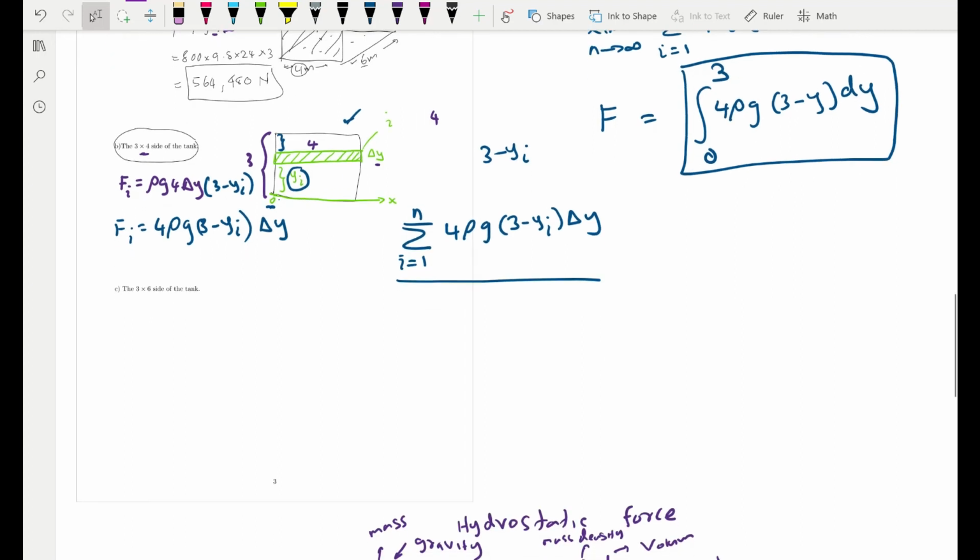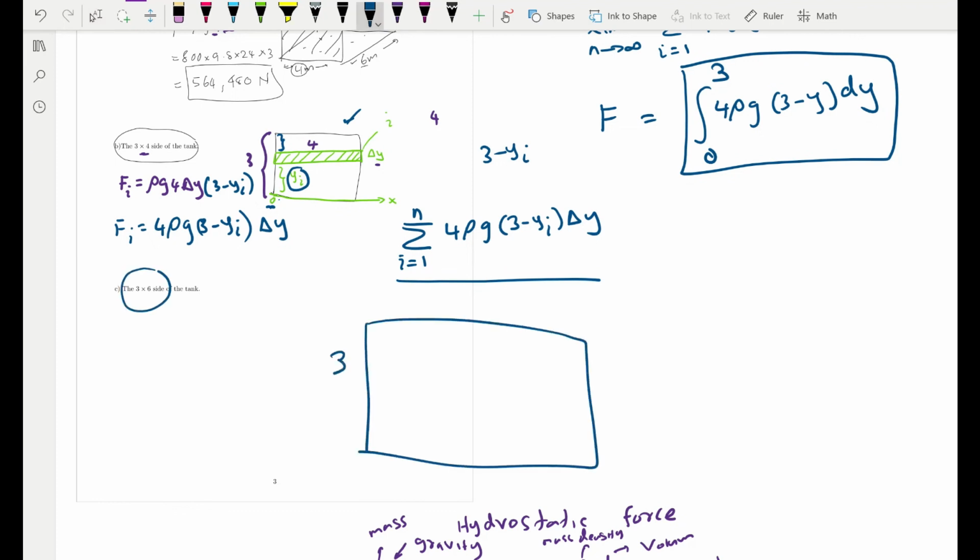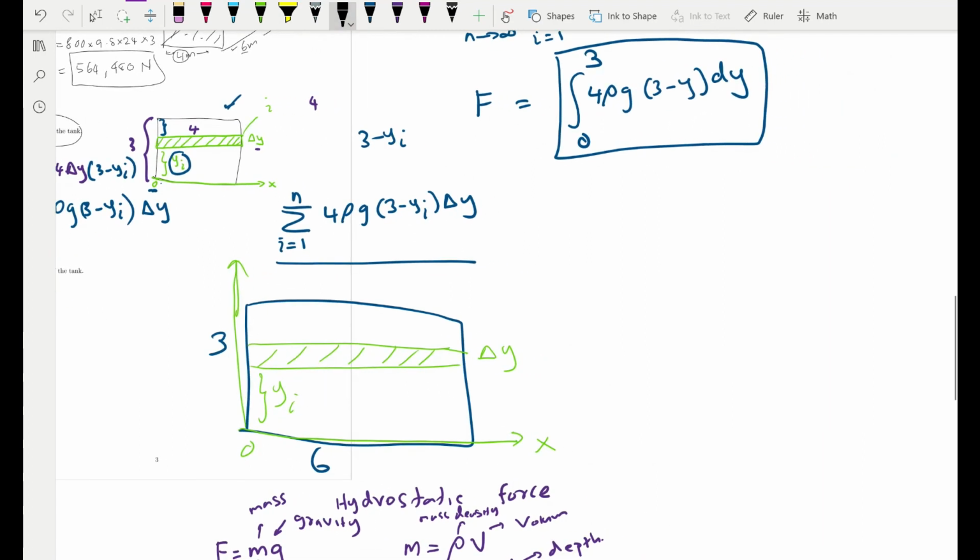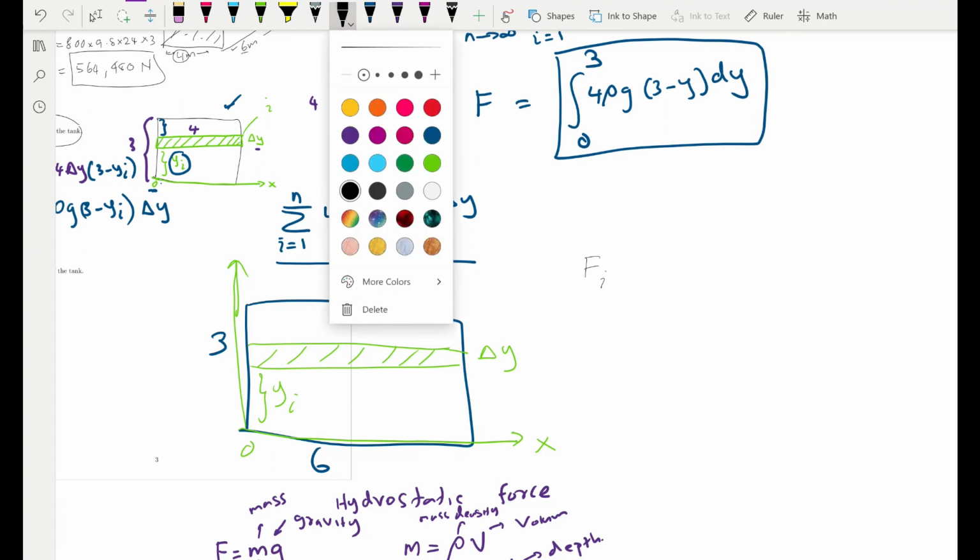So let's find the force on the 3 by 6 side. Again the idea is the same. Draw the slice, this is delta y, mark the x-axis below, and this is yi. I would recommend you first write the force on one slice. That will help you get started.